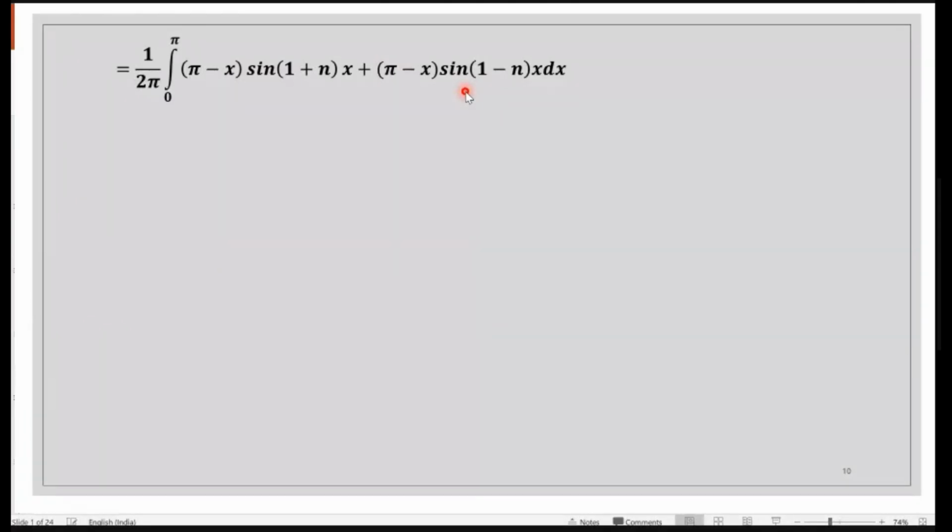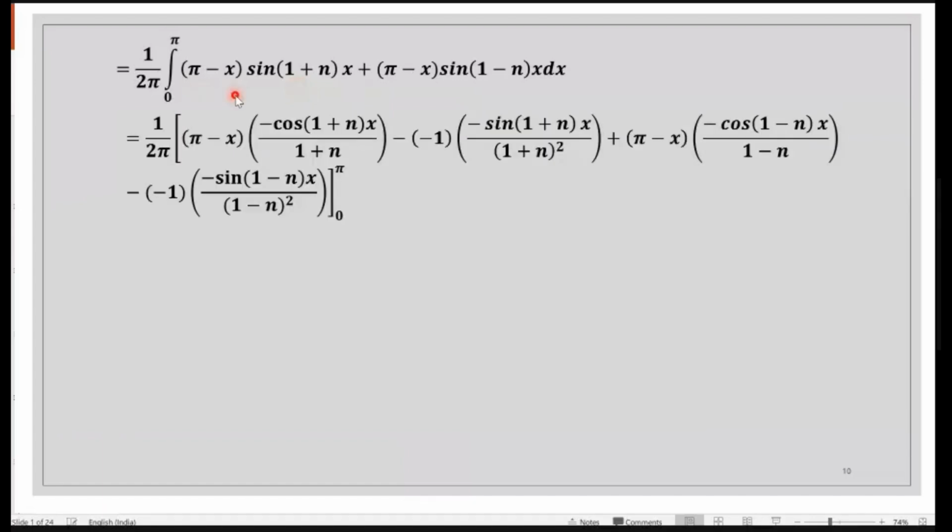So first term का u into v पहले लिखना है, तो pi minus x into sin 1 plus n of x. तो यहाँ पे u first bracket है और sin वाला term v वाला term है. तो now first term into integration of sin, which is minus cos upon 1 plus n.